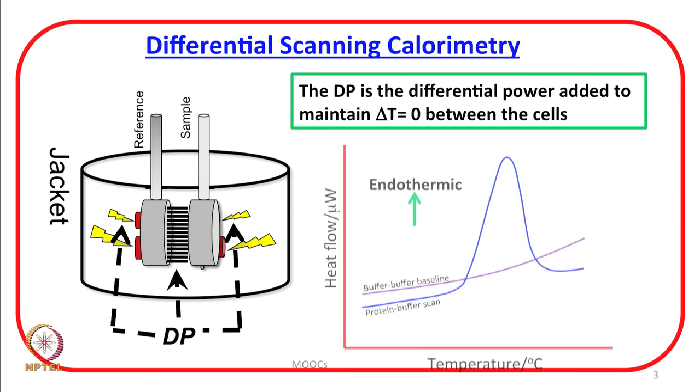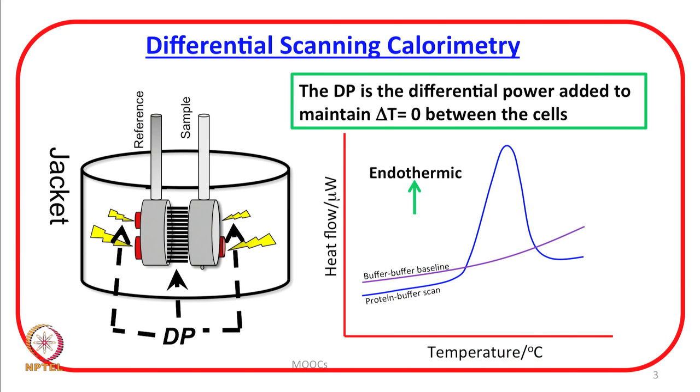And what we have as an output is heat flow in microwatts, that is the differential power, as a function of temperature. And when it is proteins, a typical output will be as seen in the blue curve.